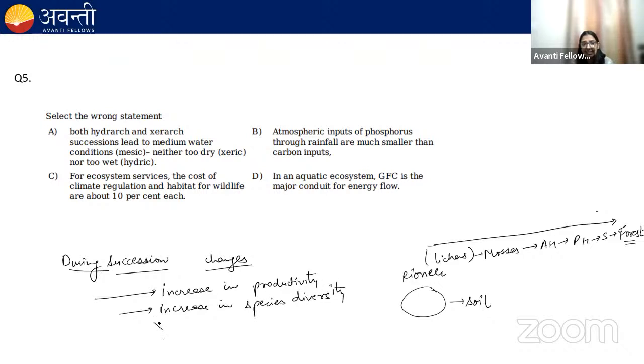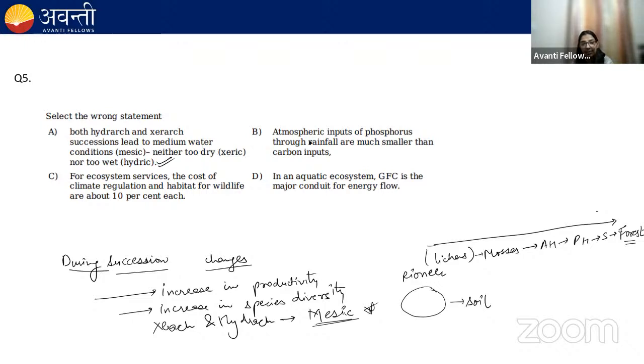And whether it is xeric succession or hydric succession, both lead to a condition which is called mesic, which is a medium water condition, not too dry, not too wet. Remember this point. So both hydric and xeric succession lead to a medium water condition, neither too dry nor too wet.